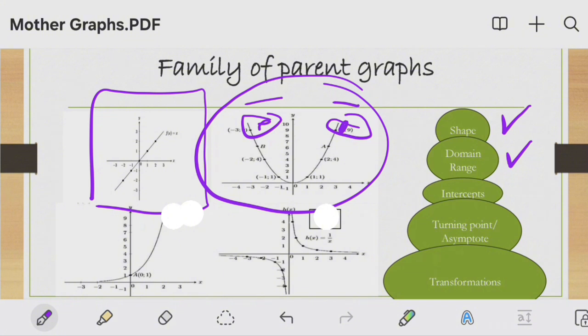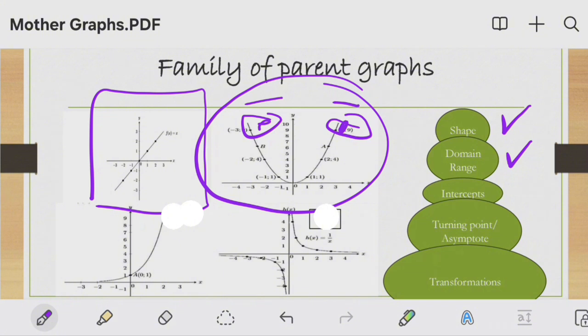Now, when it comes to functions, there are these important points which we call intercepts. They get crucial by the year. At grade 10 level, most of the time they will only require you to determine the x-intercept and the y-intercept. But really, what are intercepts?